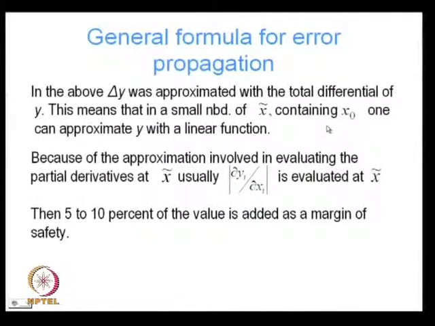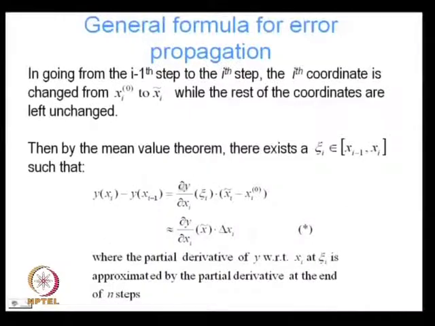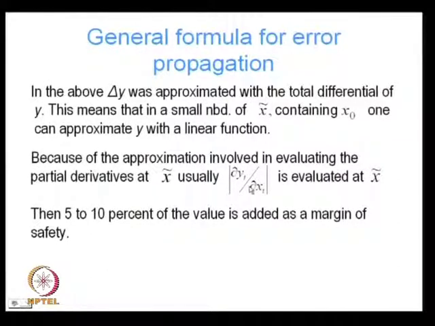However, because of the approximation involved in evaluating the partial derivatives at x tilde, recall that instead of evaluating the partial derivatives at xi, we are evaluating the partial derivative at x tilde. There is some approximation involved there.